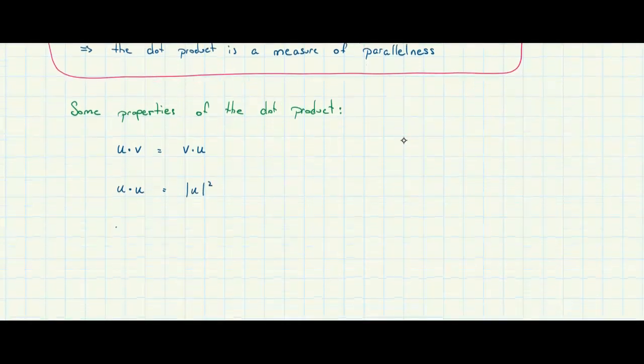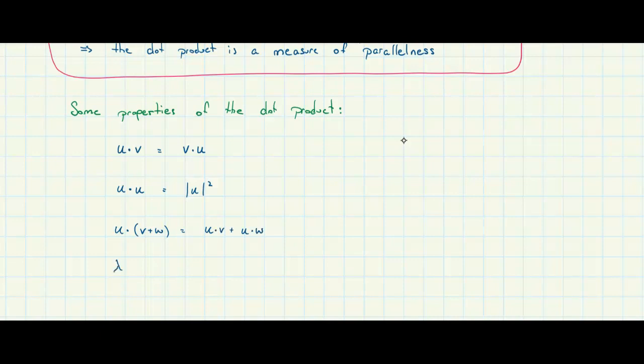There's a distributive property, so u dot (v plus w) will equal u dot v plus the dot of u and w. And in fact, we can scalar multiply by a vector and then dot with another, and we can change the order of that.